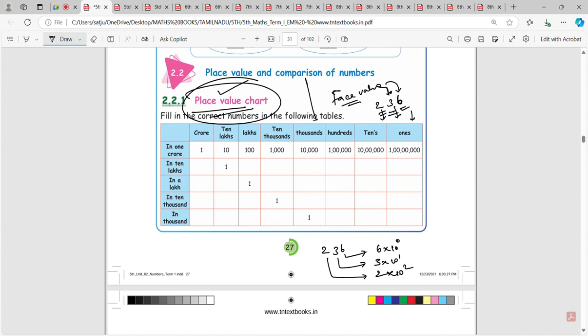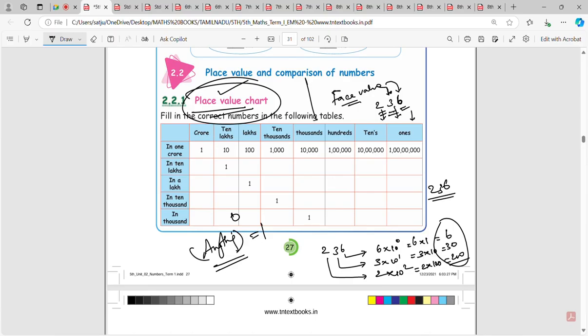Anything power 0 becomes 1, so 1 into 6 is 6. 3 into 10 power 1 is 30. 2 into 10 square is 200. Adding these, you will get 236. So this concept you can call the place value concept.